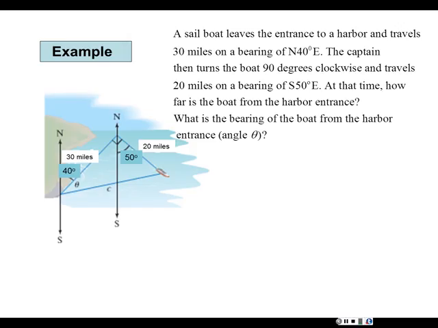Because this is the east side. So north 73.69 degrees east. That should be the bearing of the boat from the harbor entrance.